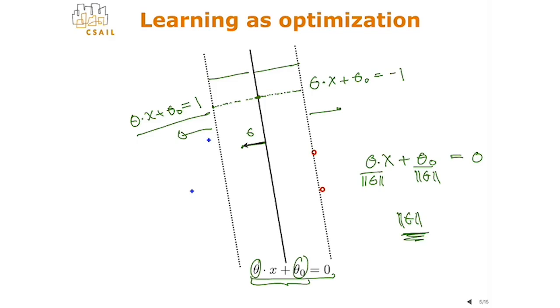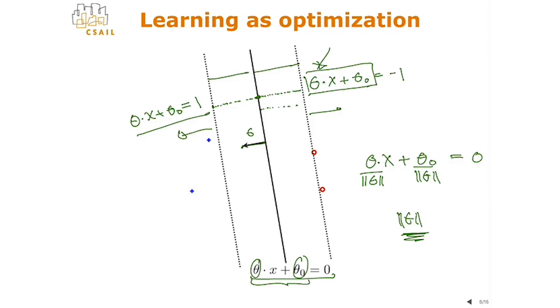As a result, we can use this norm to push the margin boundaries apart. Let's see how that works intuitively and then more formally in a little bit. Intuitively, if we look at this linear function again, as we move away from the decision boundary, then the value of the linear function increases at a rate that's related to the magnitude of the parameter vector theta.